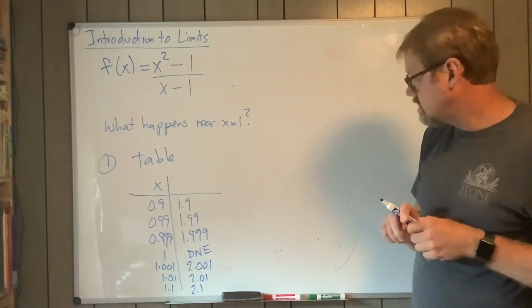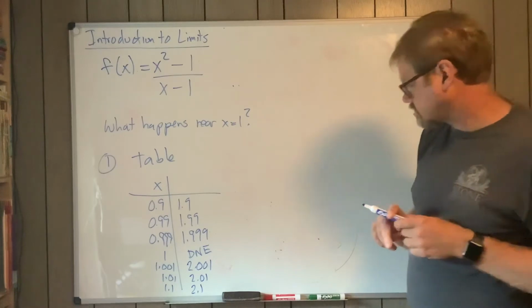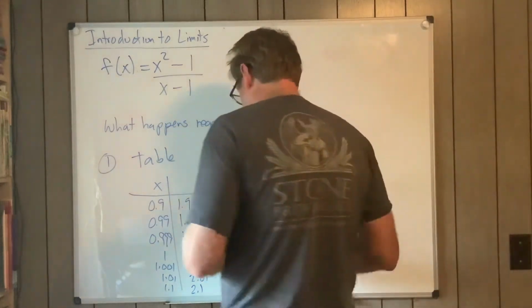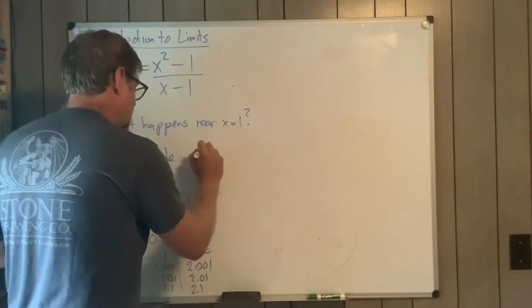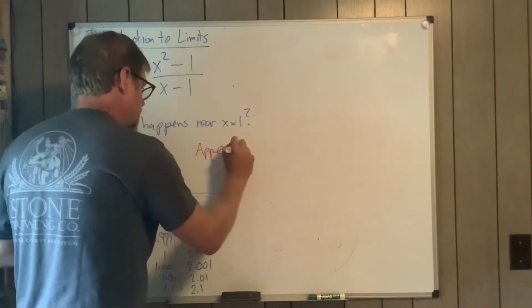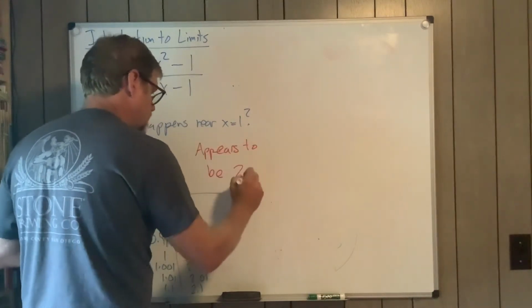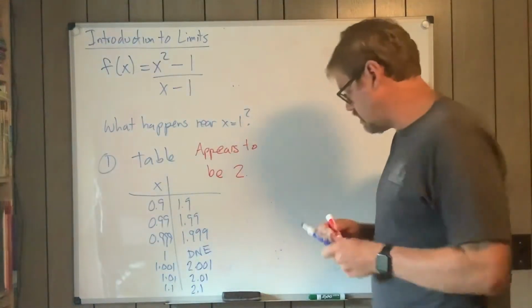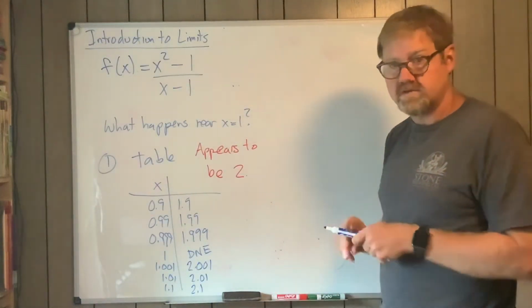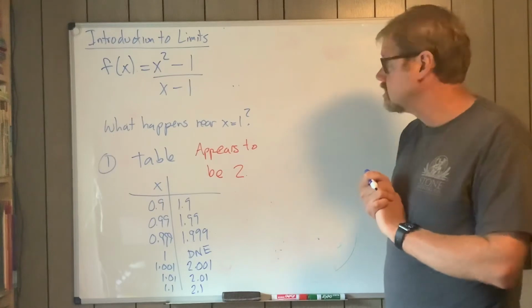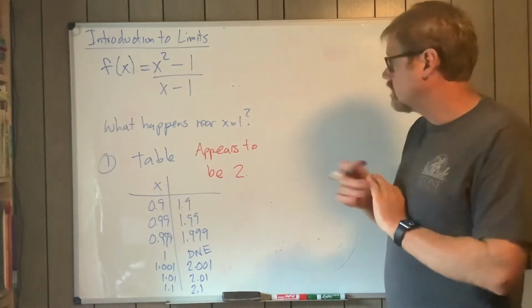Okay. And in this case, what does it appear to be? It appears to be 2. This is my y value, which is just 2.